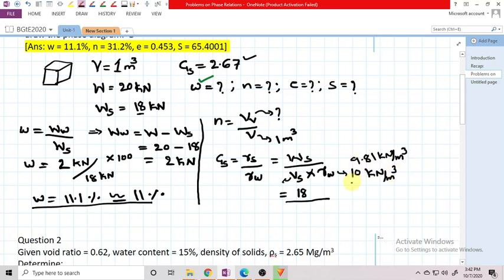So volume of solids equals 18 divided by specific gravity 2.67 into 9.81. This volume of solids comes to around 0.687.